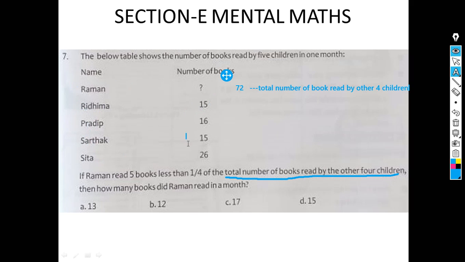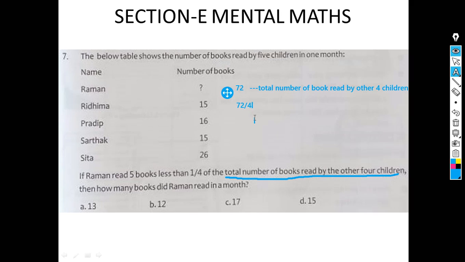So we have added their number of books and the total is 72, and it is asked 1/4 of the total number. 1/4 of the total means we have to divide this total number by 4. 1/4 of 72 will be 72 divided by 4.